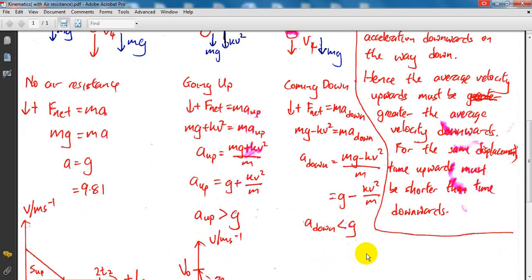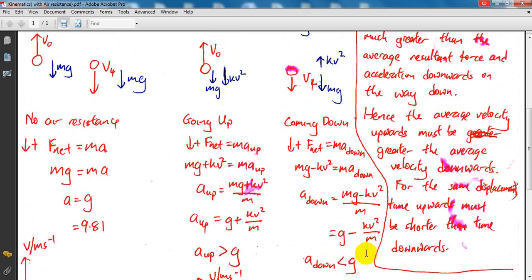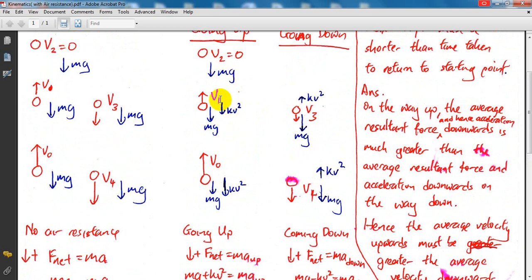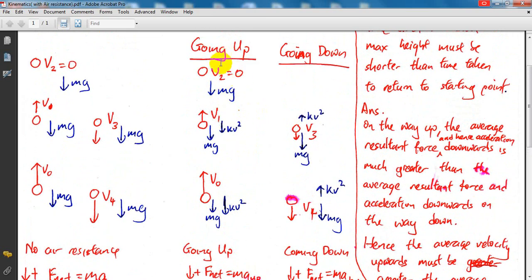Okay, so now we come to a conclusion that on the way up, my acceleration keeps reducing, right? Because when I go from v0 to v1, my net force drops all the way until this value. And then when I'm coming down, my net force still reduces. But you can see the greatest net force is actually at v0, where the net force is equal to mg plus kv squared.